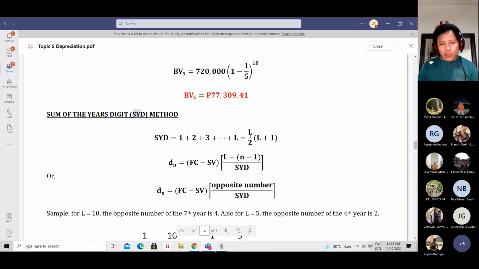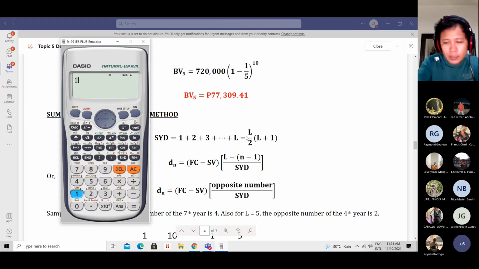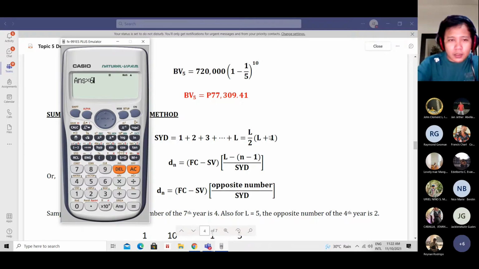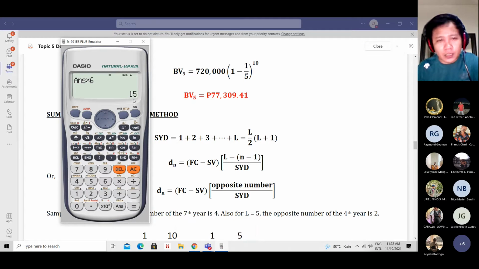Let's check, sakto ba ni? If I have a life of 5 years, 1 plus 2 plus 3 plus 4 plus 5, answer is 15. If you're going to use this one, 5 divided by 2 times 5 plus 1, that is 6, answer is 15. Okay? So, this is the shortcut.